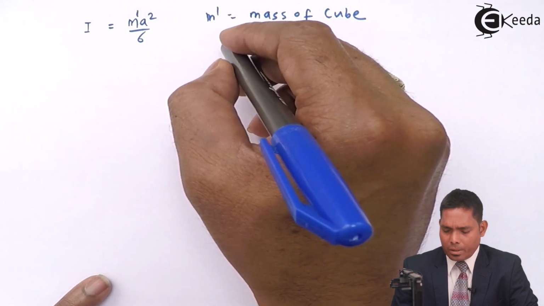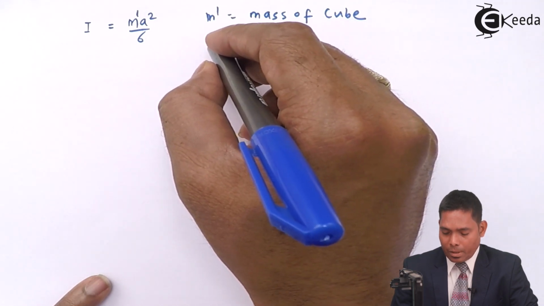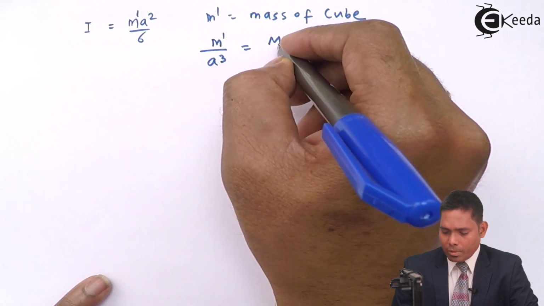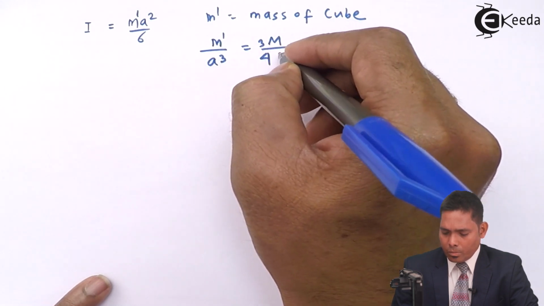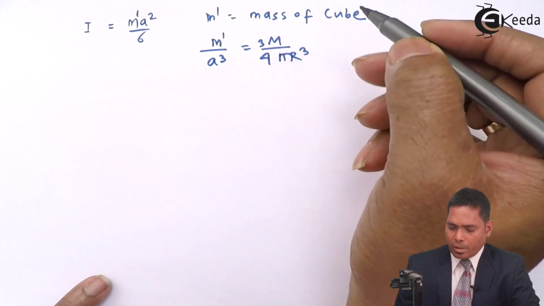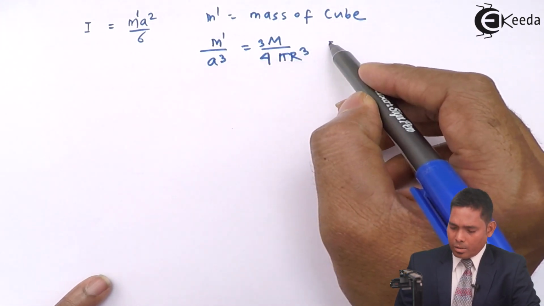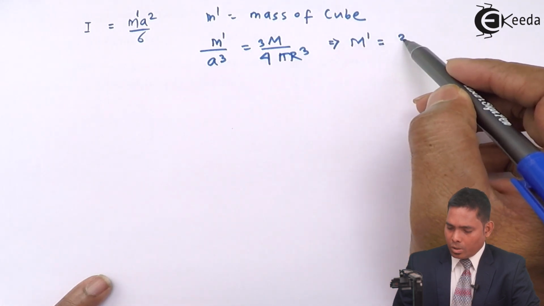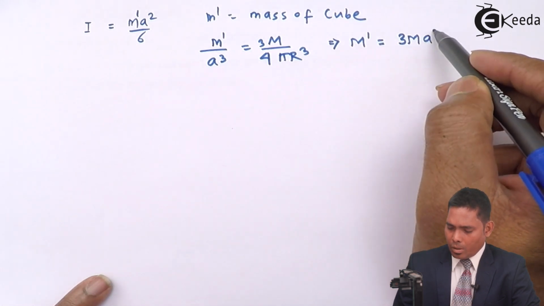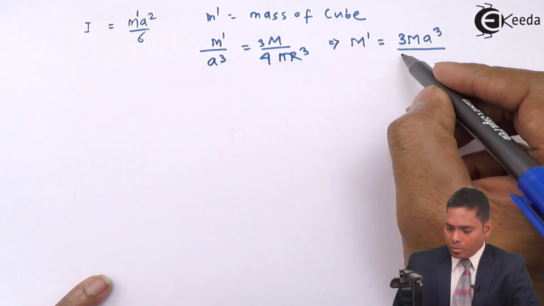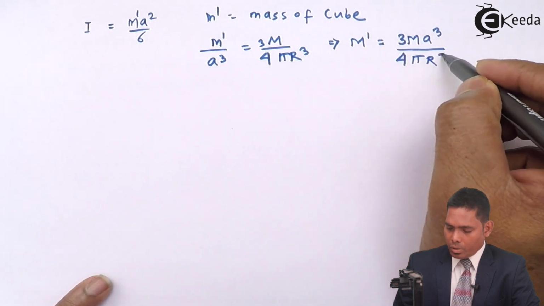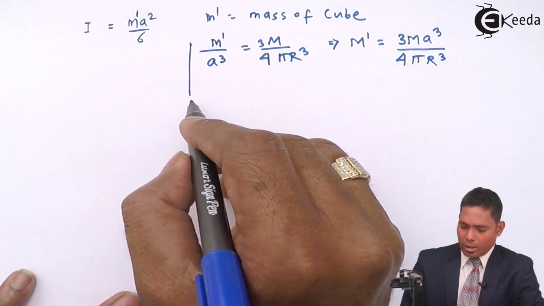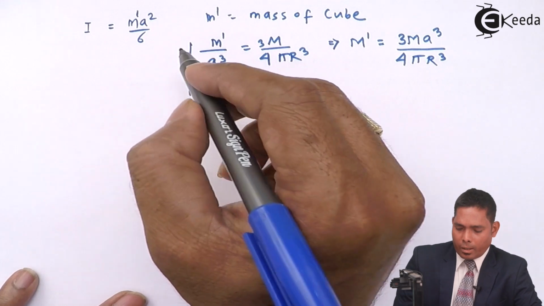We'll write the mass in terms of the mass of the sphere. Then mass per unit volume will be same. The whole mass of the sphere and its volume must be same. So from here, this m dash comes out to be 3 m a cube upon 4 pi r cube. So I'll substitute this first. Then next, what about a?